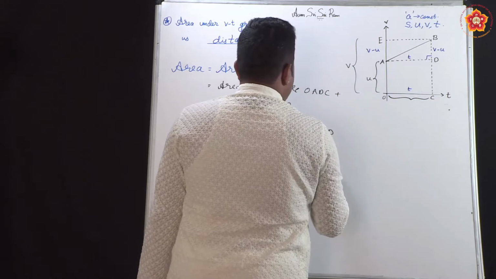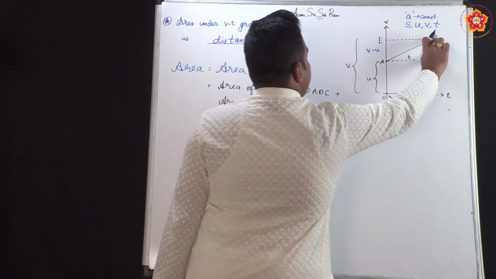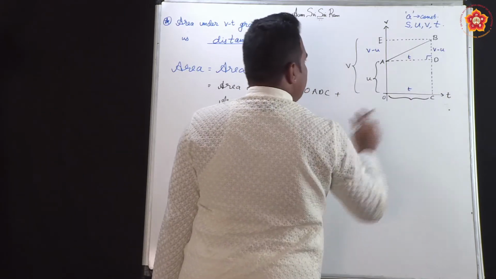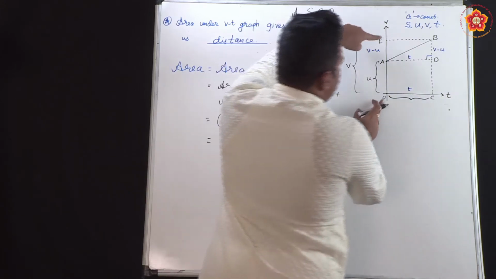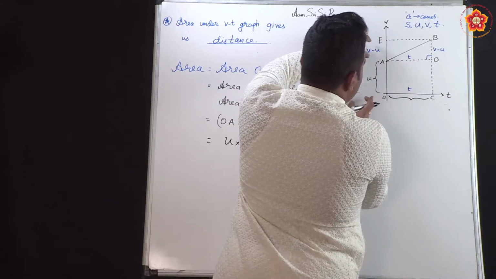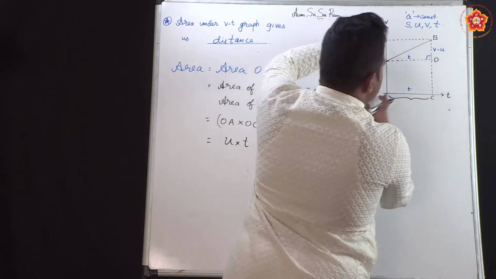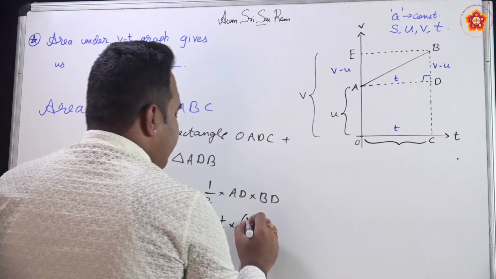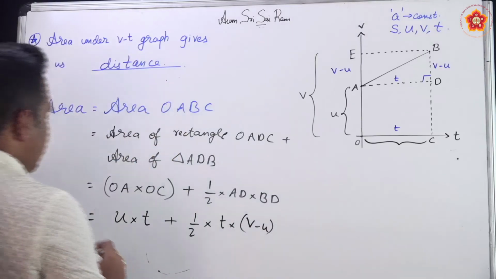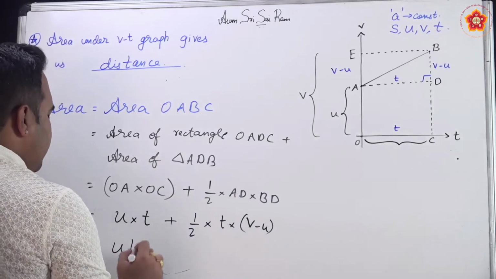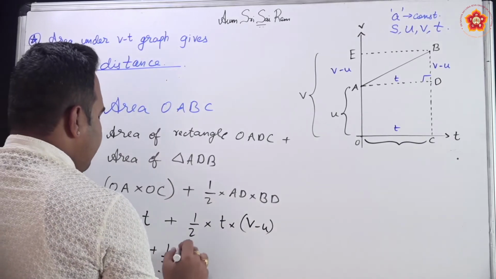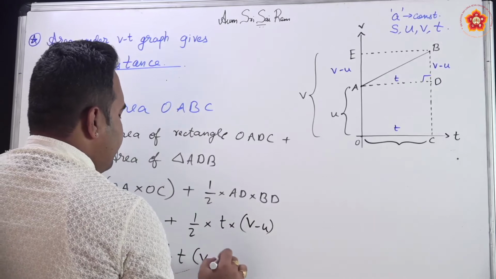So, it will be time into BD. BD will be what? This is V. If this is U, this should be V minus U. The same thing applies here also, because these two are parallel, it will be V minus U. So, we get ut plus half t into V minus U.